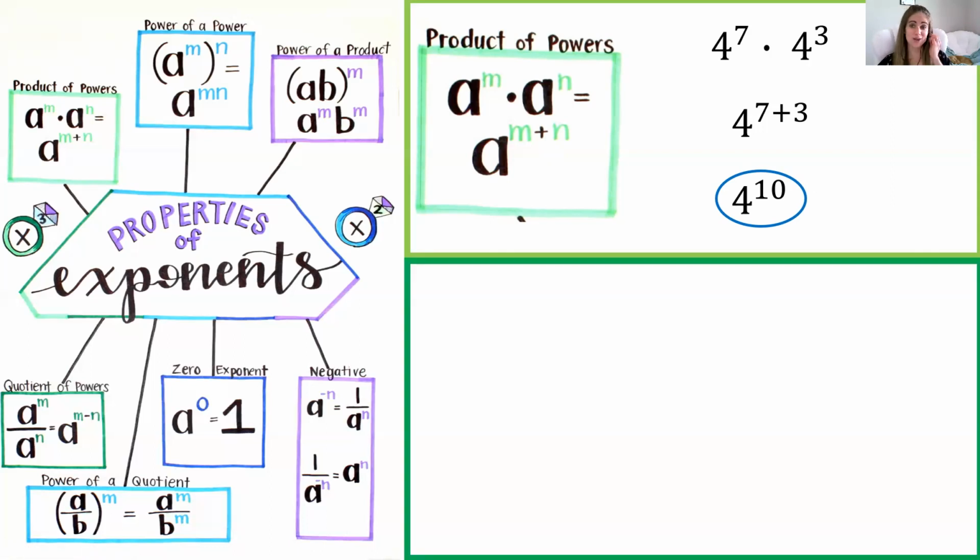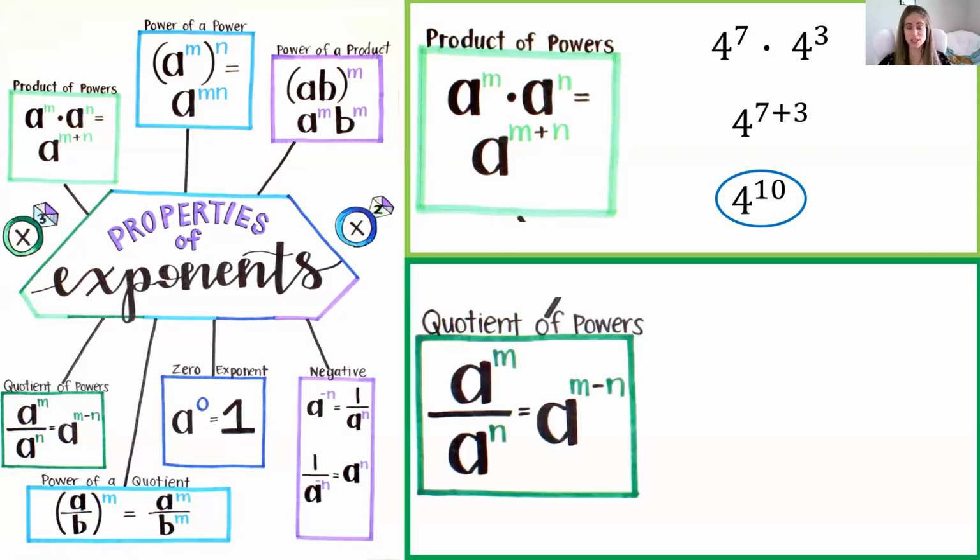All right, let's check out our division property, so the quotient of powers. This is very similar in that the bases have to be the same. If the bases aren't the same, we can't use the rule. So notice we have a base of A, it's identical, only this time we're dividing. And most of the time, not all the time, but most of the time you'll see the division written as a fraction.